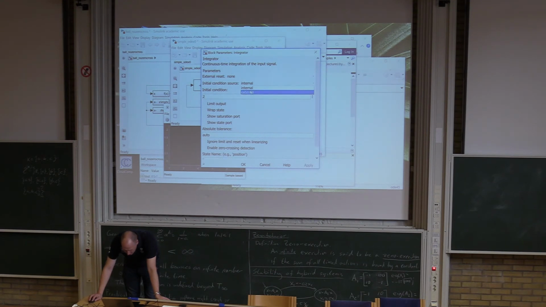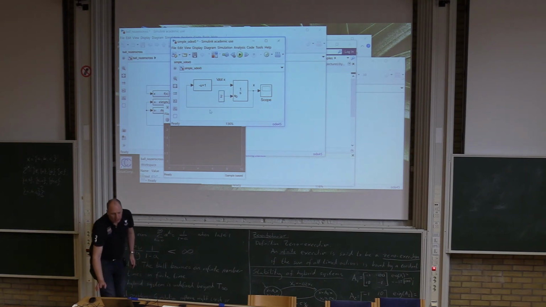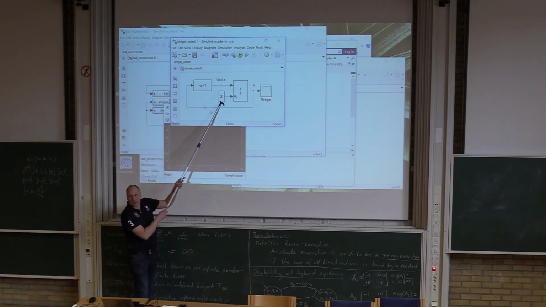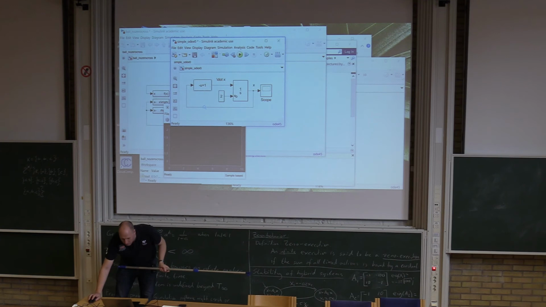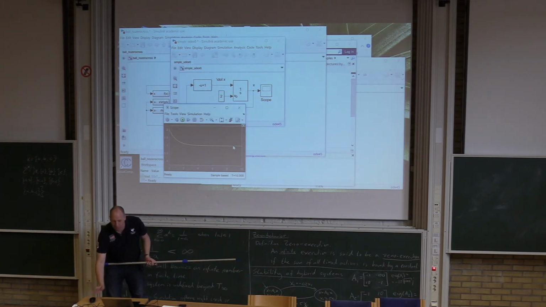So you switch it to external, like that, and then you get a second input, like that. So now you can specify the initial condition from the outside. So if you simulate this, you will get exactly what you had before.